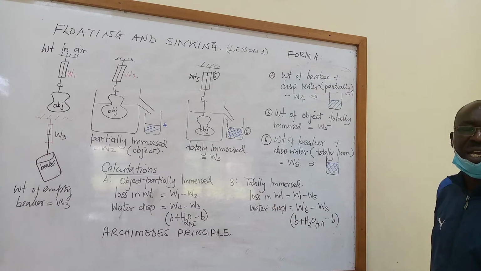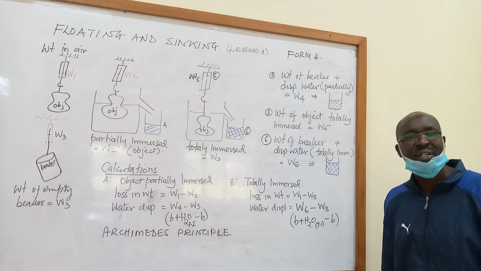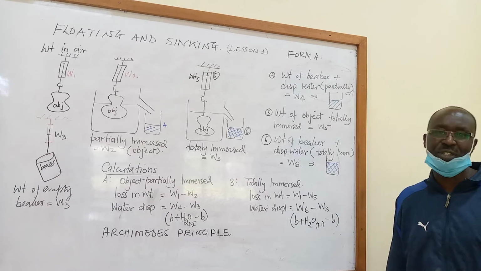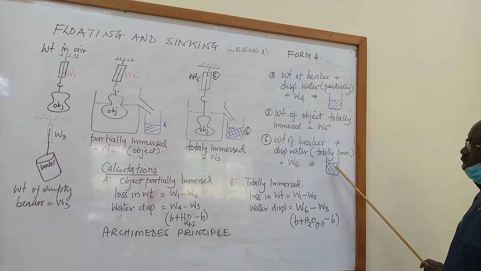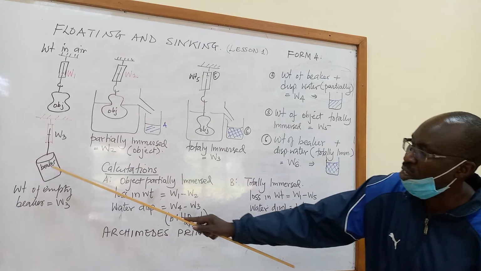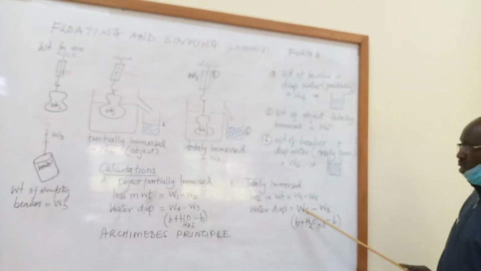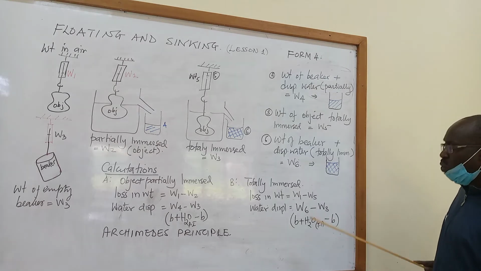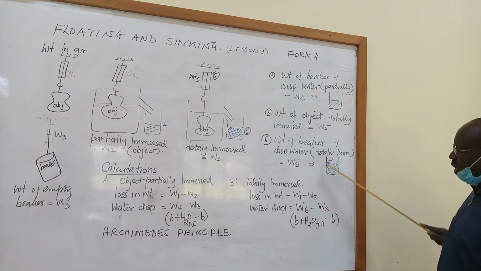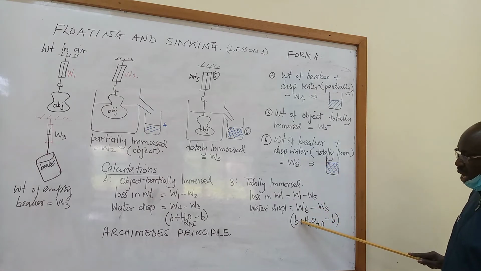Part 2. How can I get the amount and consequently the weight of water displaced? So I have W6 in this scenario, minus this empty beaker. W6 minus W3. What is W6? It is beaker plus displaced water, under total immersion.